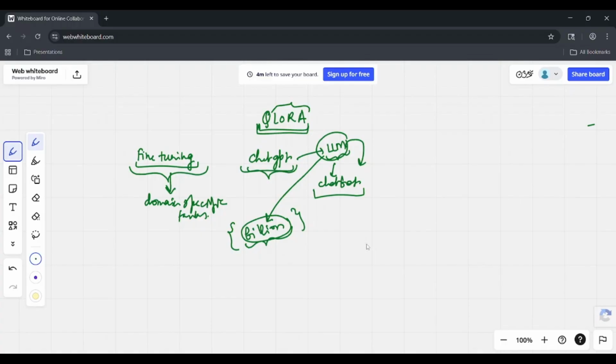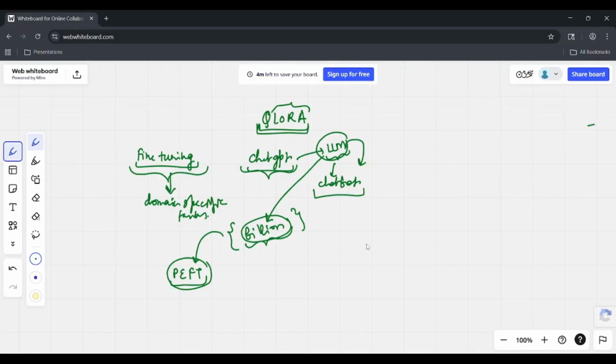So that is where parameter efficient fine tuning techniques came into the picture, where you are not updating all the weights, you are just updating a small subset of weights based on the input data that you have. You take your model, freeze certain parameters of it, and take only a small subset of parameters.